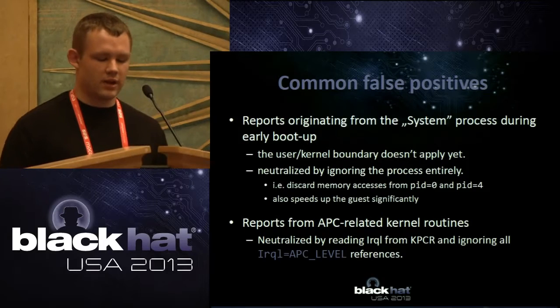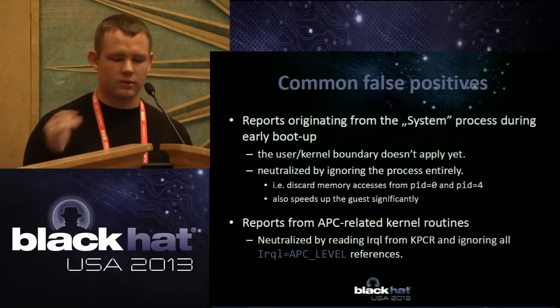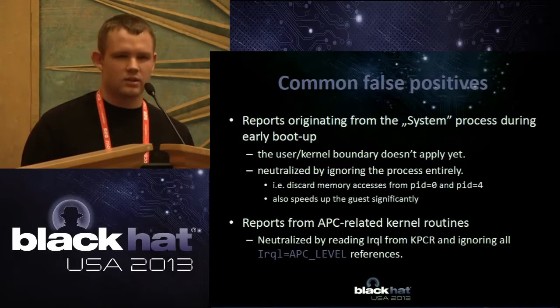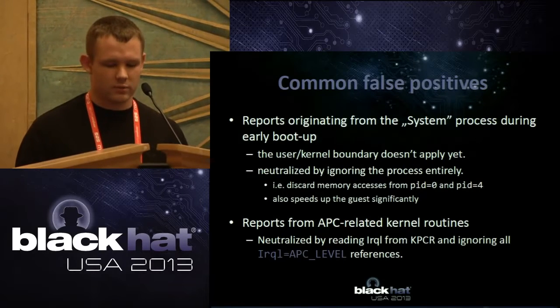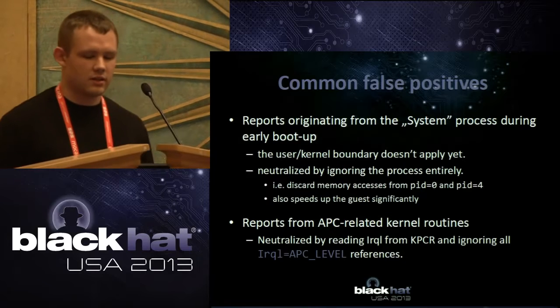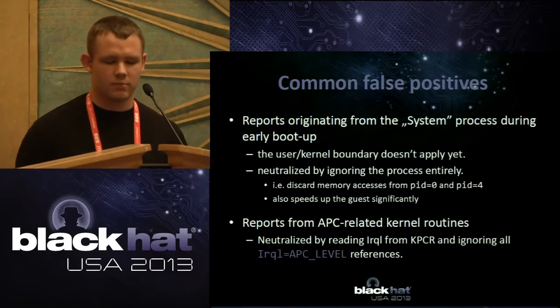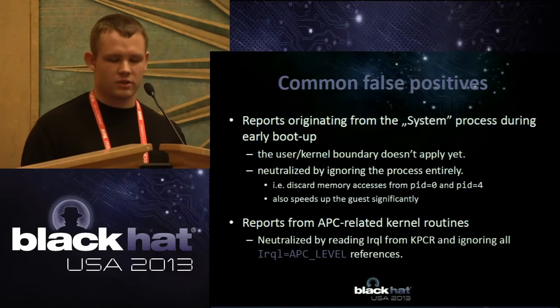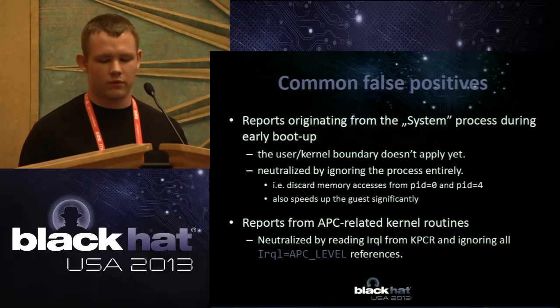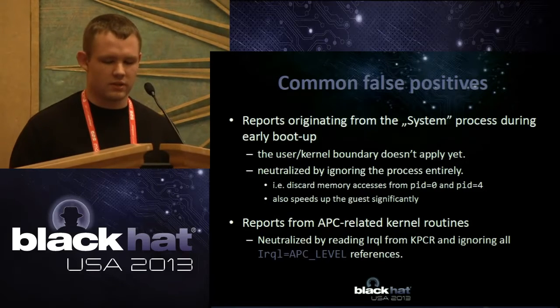At this time, during very early boot up, there is no user-kernel boundary yet. So we ended up with lots of false positives because of this. And we could easily discard all of these by just ignoring all reports that were coming from process ID equals 0 or 4, which is this specific system process.